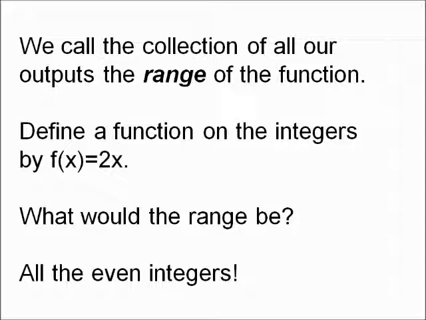This function isn't going to spit out a number like 3 or 11. It just doesn't. It just spits out all the even integers when you're plugging in integers. So that is what we mean by range: the collection of all outputs.